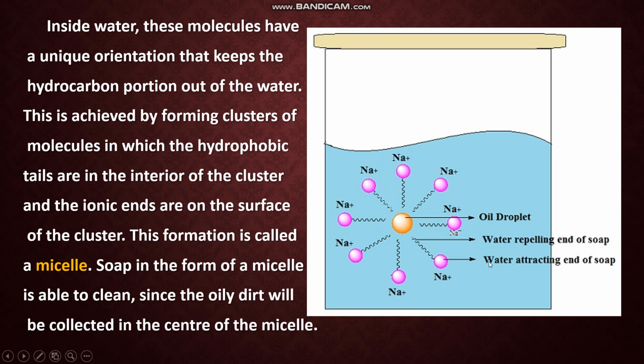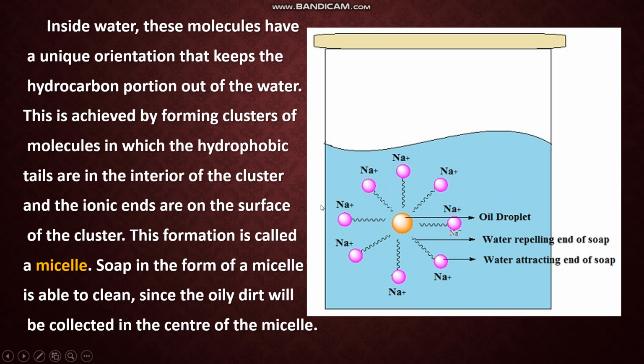And soap in the form of micelle is able to clean, since the oily dirt will be collected in the center of the micelle. So here you can see that the hydrophilic end is away from the dirt, and the hydrophobic end is soluble in grease or dirt.